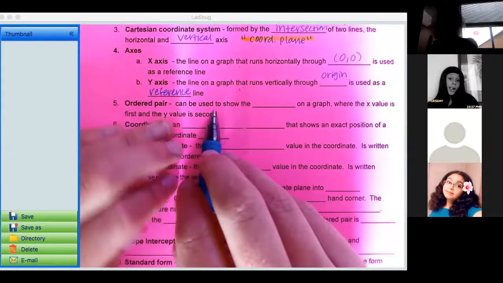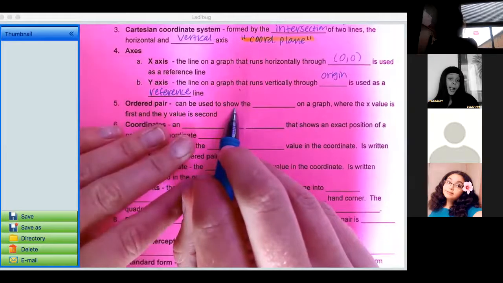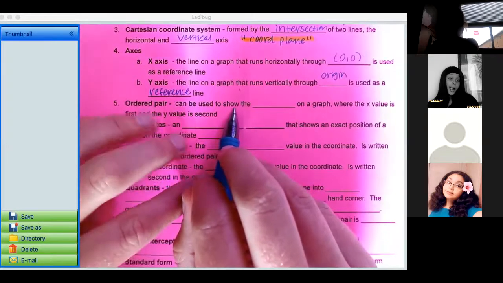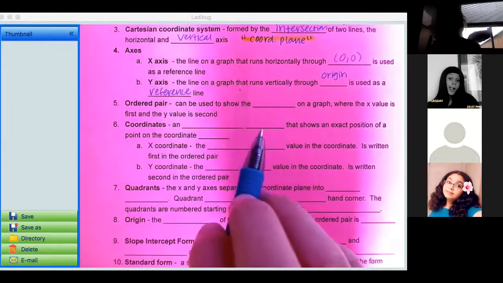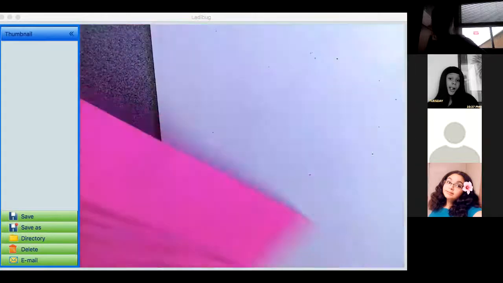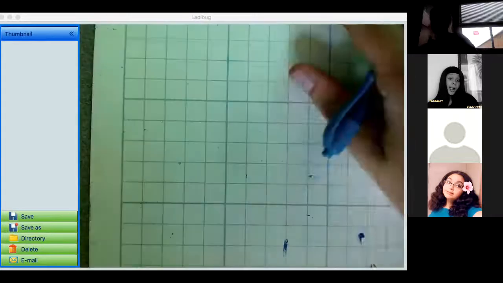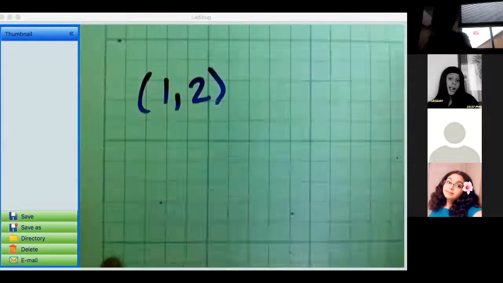What's an ordered pair used to show? The relation. Not the relation. The function. It is a coordinate. What's an ordered pair? The ordered pair 1, 2.